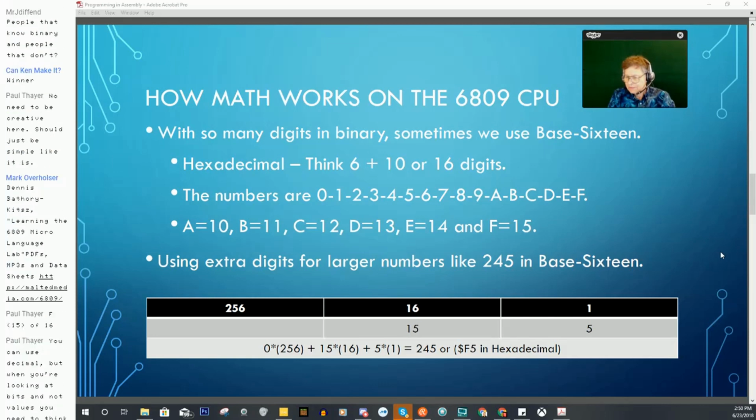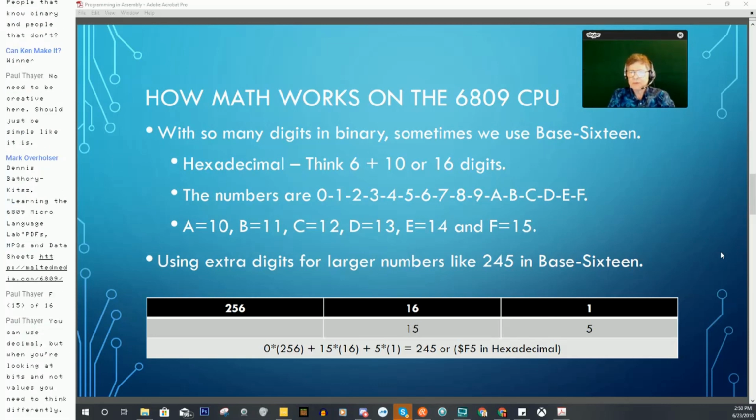It's just easier, trust me. When I would put in pokes in BASIC, I would use the hexadecimal function for the memory location. I would not sit there and type in 65 blah blah blah.